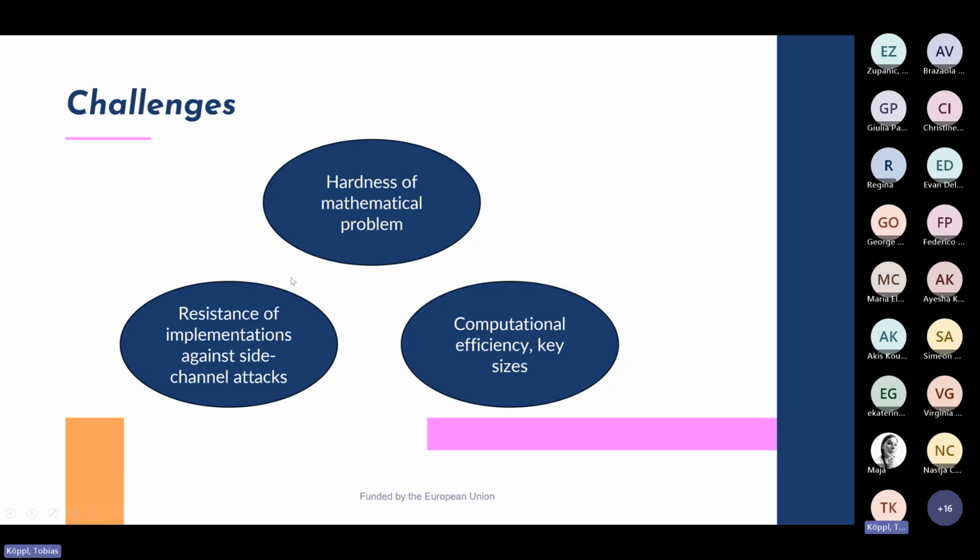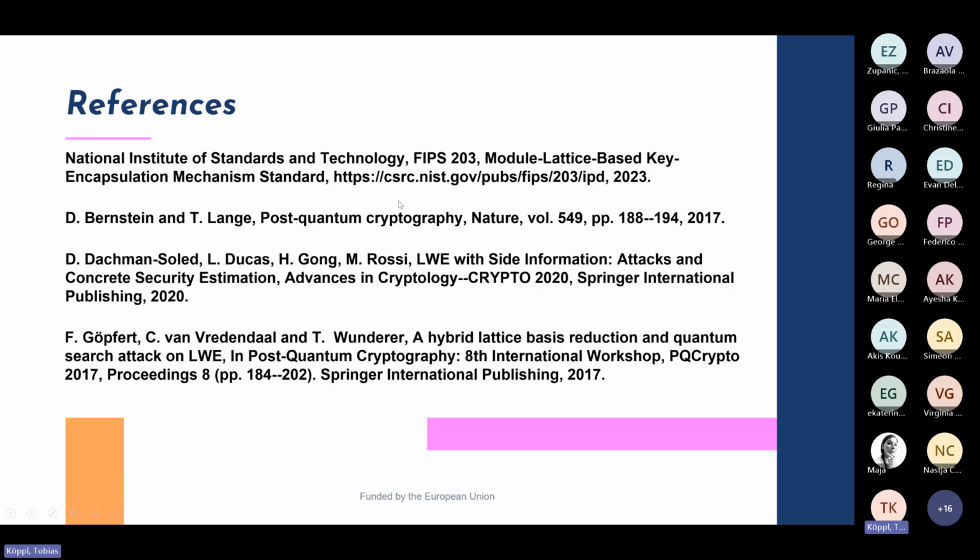Furthermore, and this could also be a nice issue for a project, how can I use side channel attacks, so leaks that you obtain in some way from a communication? How can you use this information to decrease the hardness of the mathematical problem?